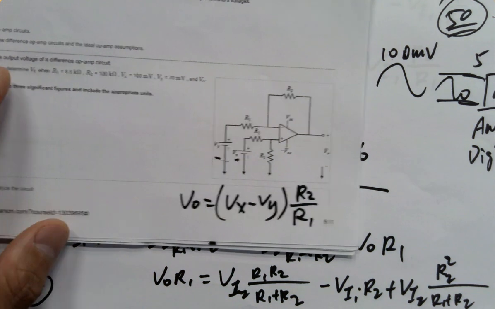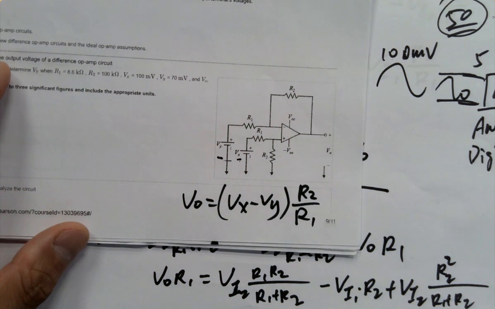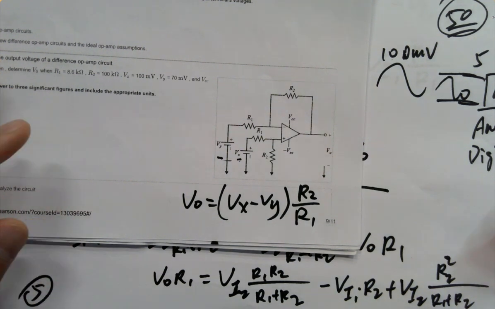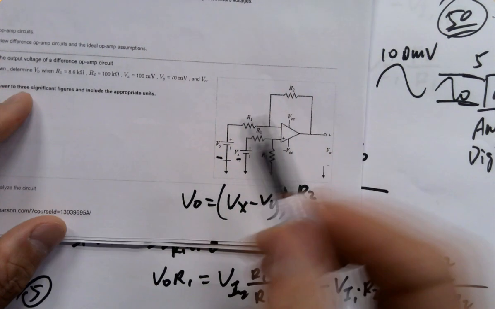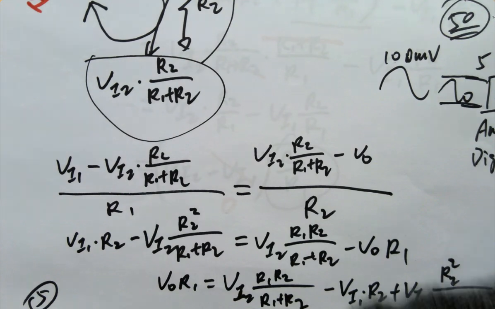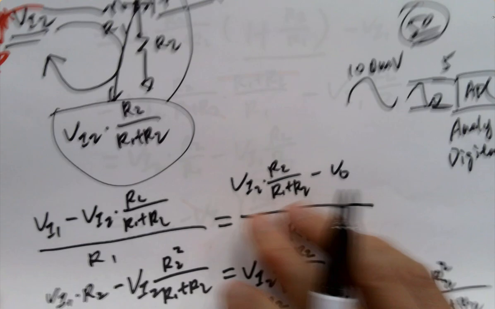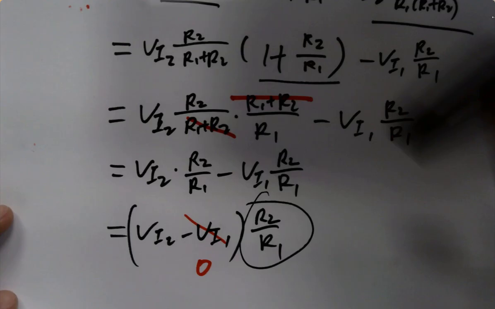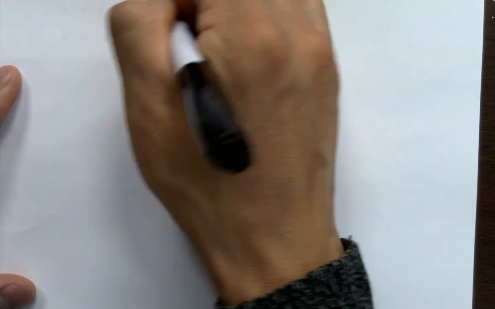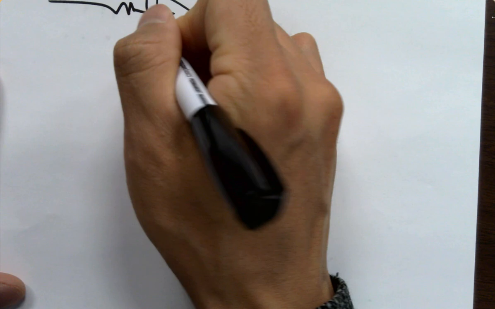Why were you able to just ground one of the inputs? Because sometimes the signal is a differential signal. So for example, the input could be, let me draw it for you. In the real world, what you may see is this.